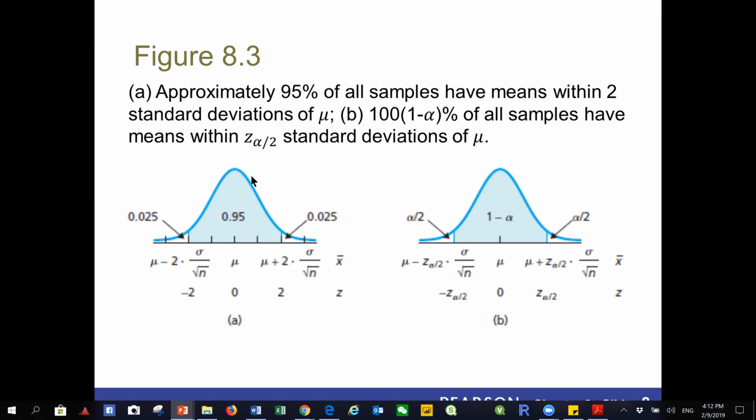In order to construct a 95% confidence interval, you have two tails, each with 0.025 probability. In terms of the Z distribution, 0 is the center, and 2 is the number that will enclose 95%, because according to the empirical rule, 95.45%.